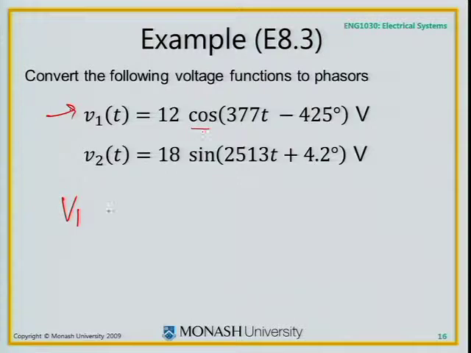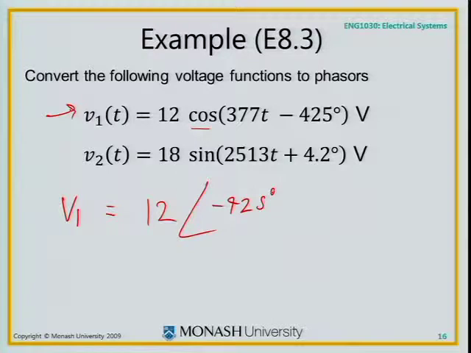So that it is simply 12. I just read off the amplitude at angle minus 425 degrees. I could just write that, but maybe I want the angle between 0 and 360 rather than being bigger than 360. So I can add or subtract 360 degrees to the phase and it doesn't change anything.